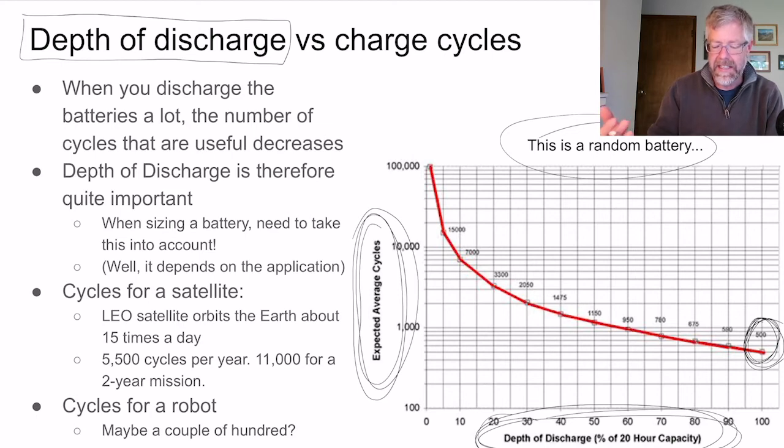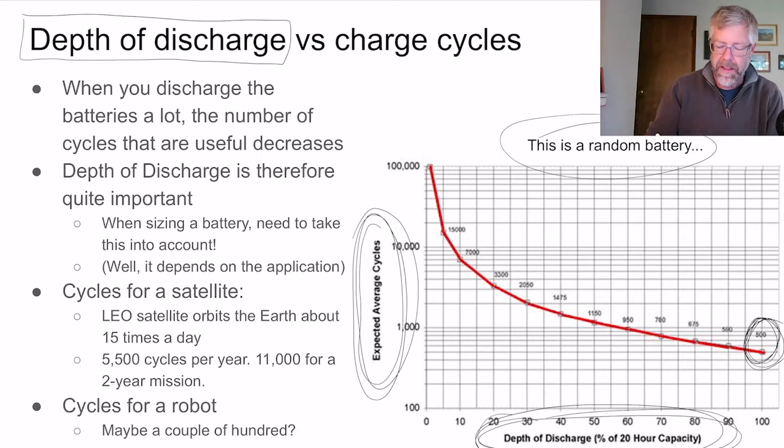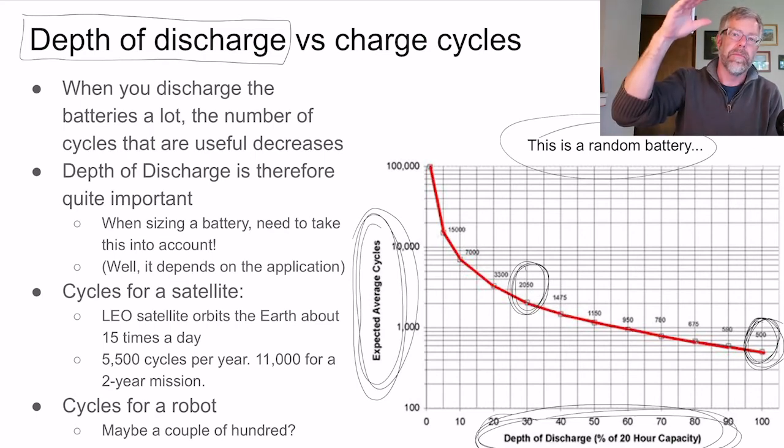But let's say instead you actually discharge it only to 30%, and then you charge it. 30%, charge it. 30%, charge it. Then what happens is that you might get 2,050 charges and discharges. Okay, so why does this matter? Well, if you have a phone that you're trying to maximize the lifetime of, you don't want to necessarily drain it all the way down and then bring it back up, all the way down, bring it back up.